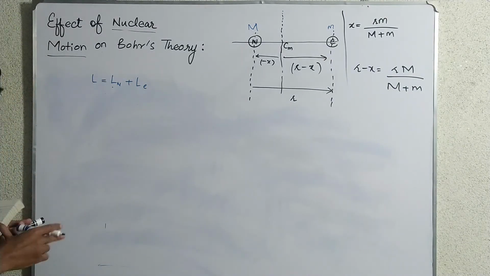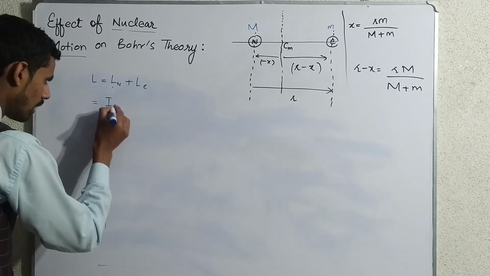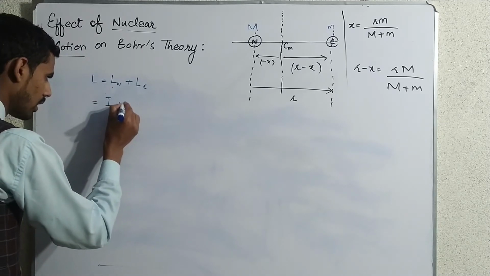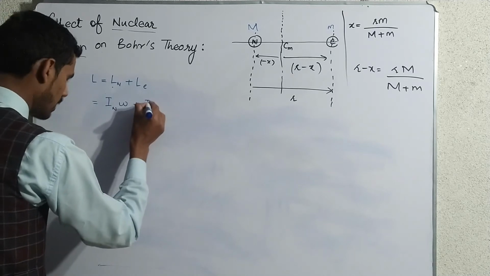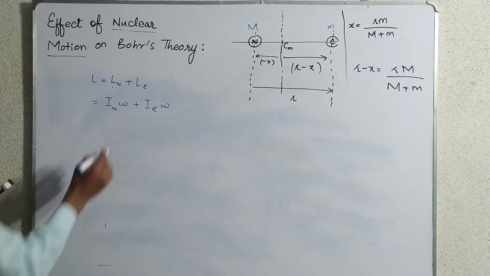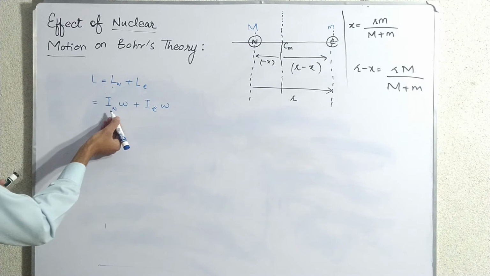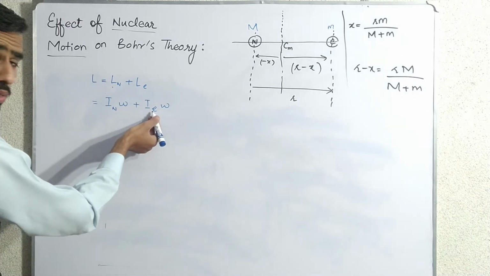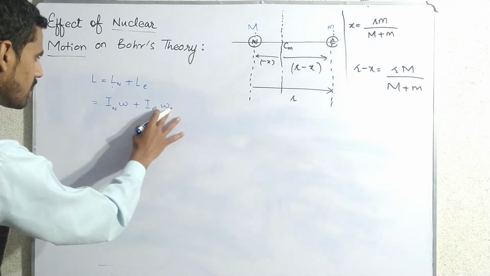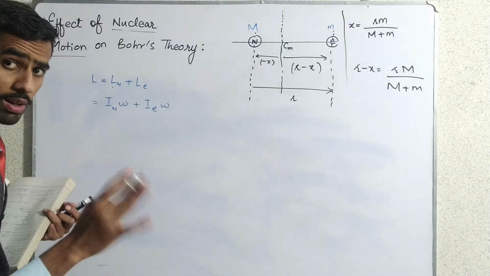We know that L equals I_N omega plus I_E omega. This is the angular frequency and this is the moment of inertia: the moment of inertia of the nucleus and the moment of inertia of the electron. We know that L equals I omega, which equals mr square.